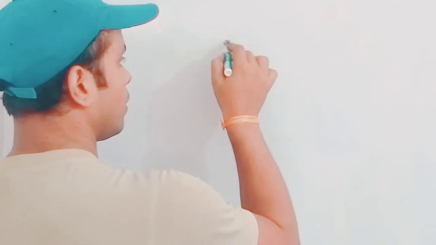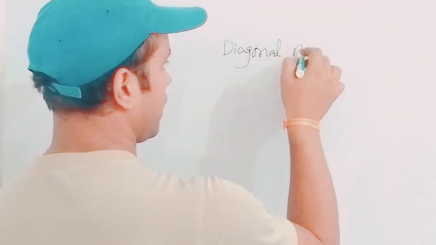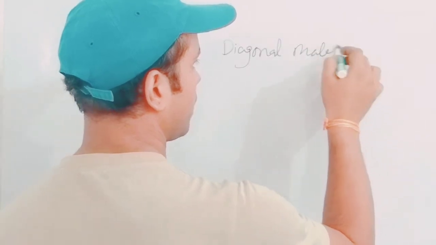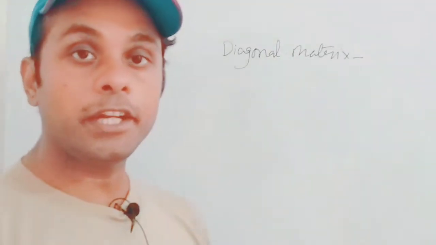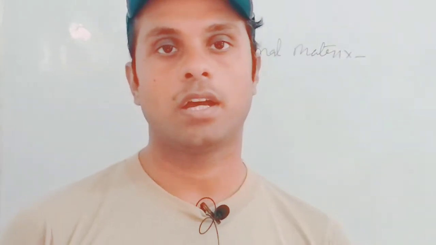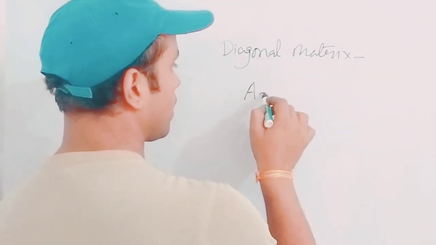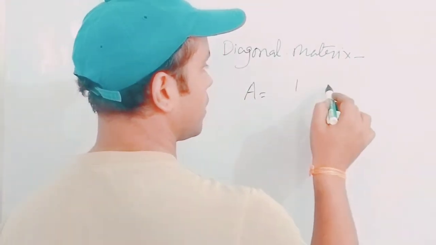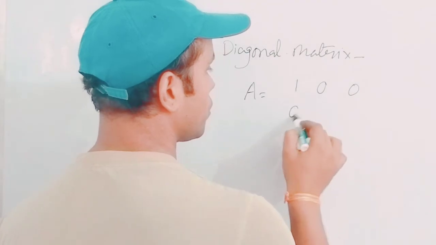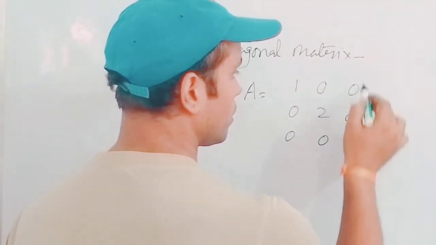Okay, so in a diagonal matrix, all the non-diagonal elements are 0 and the diagonal elements may be different. For example, a diagonal matrix is always a square matrix: 1, 0, 0, 0, 2, 0, 0, 0, 3.